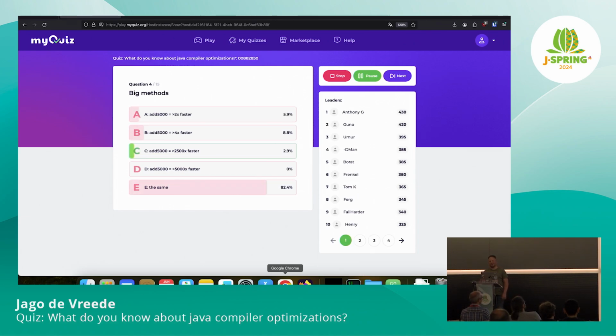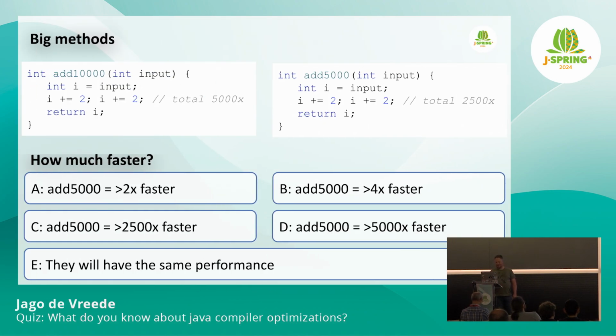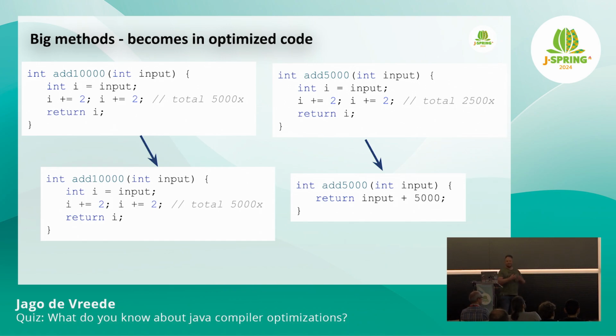No, not everything is always the same. At some point, the compiler will give up. So if we look at this, what actually will happen is that the compiler will see, hey, doing the 5,000 thingy, I can actually calculate that you're doing that 2,500 times, and I can collapse that into a plus 5,000.